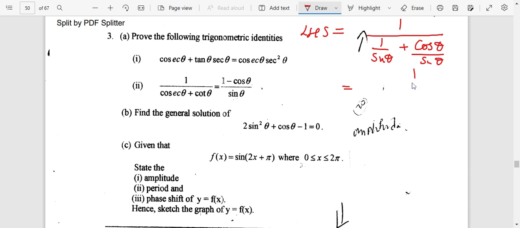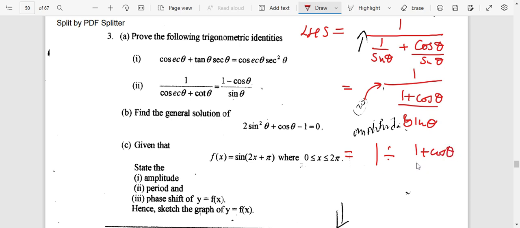Now we are going to merge what is in the denominator as a single fraction. You can see they have got a common denominator, 1 over sin, cos over sin. So just write a sin in the denominator because it's common. And then we just add what is on top, 1 plus cos theta. Okay, and then we can as well write this as 1 divided by 1 plus cos theta divided by sin theta.